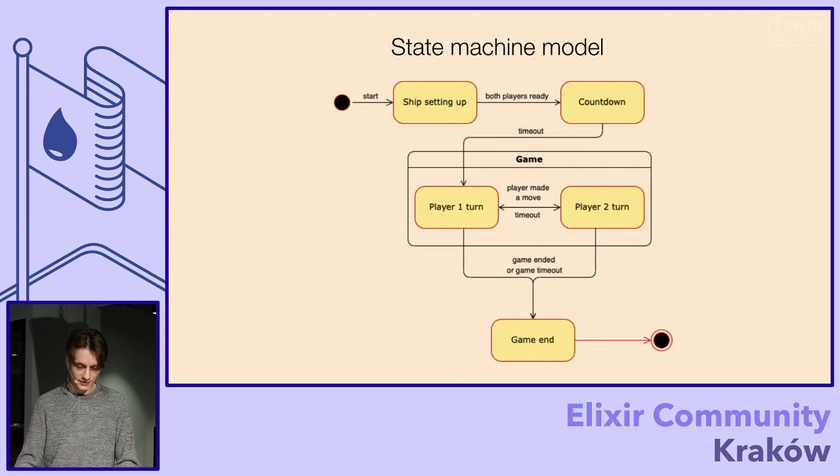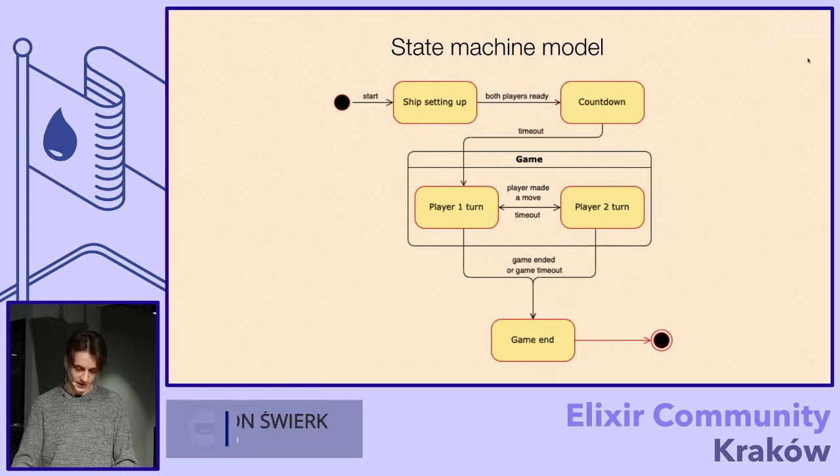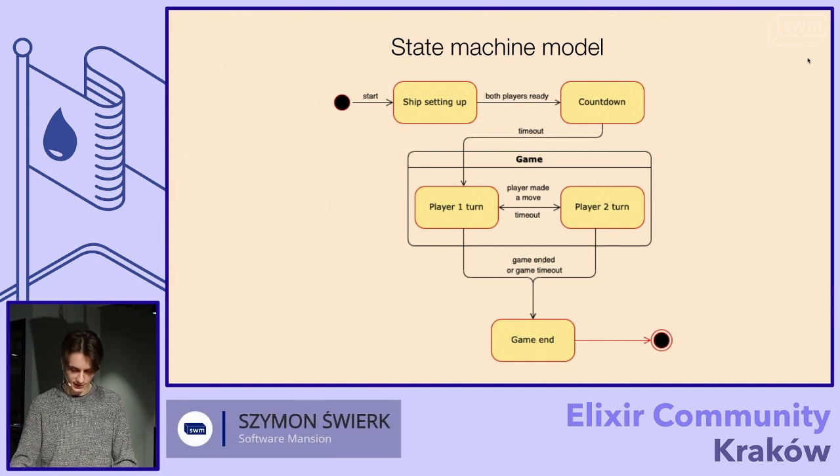So we're starting with ship setting up states, and when both players are ready, we're transitioning to countdown. The countdown state transitions automatically after some time to the game. And the game is split into two sub-states: player 1 turn, player 2 turn. And when a player makes a move, then it's another player's turn.